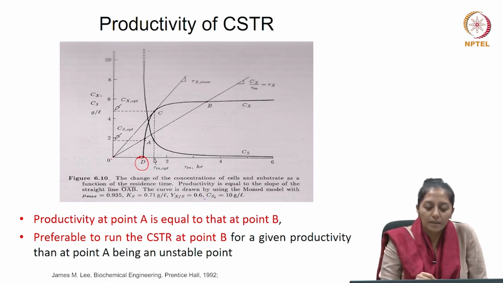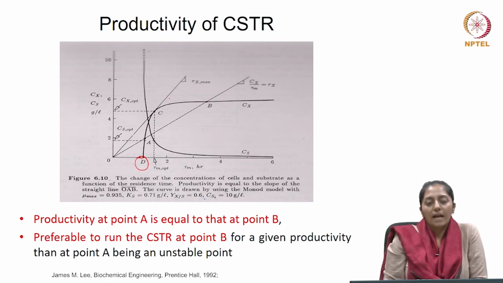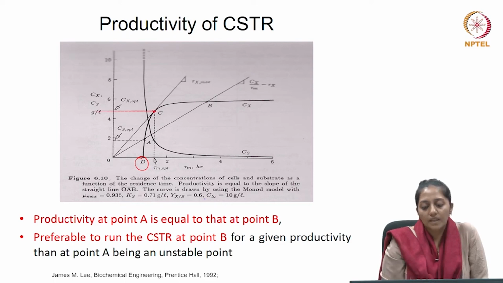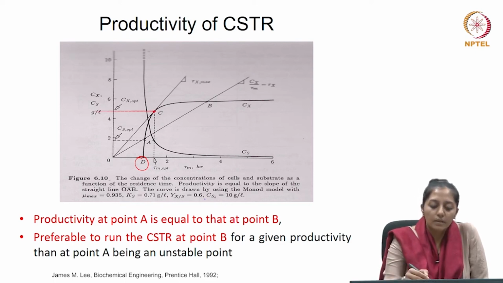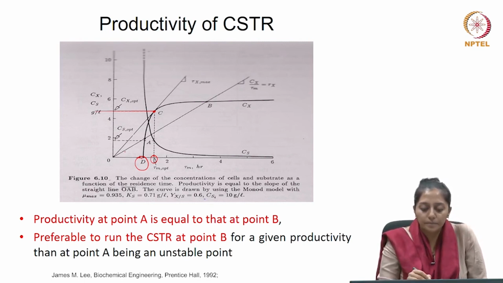If you draw a line crossing this curve, wherever it cuts, the maximum slope is your maximum productivity, which is your Rx. So, your Cx optimum would be the point at which the line is a tangent on this curve, and on the x axis it will be that residence time or the D optimum.